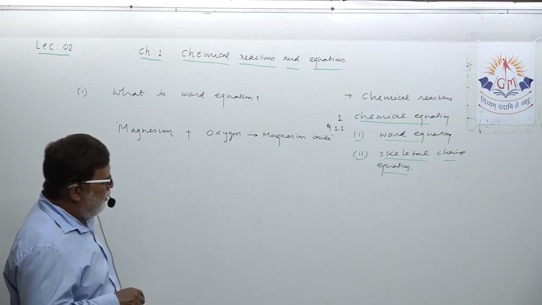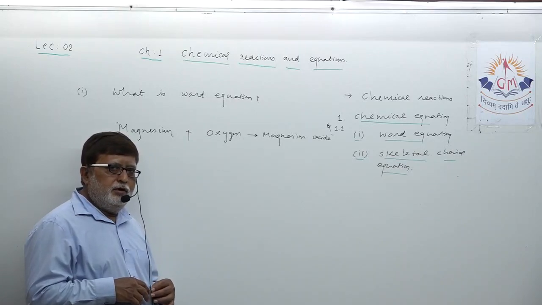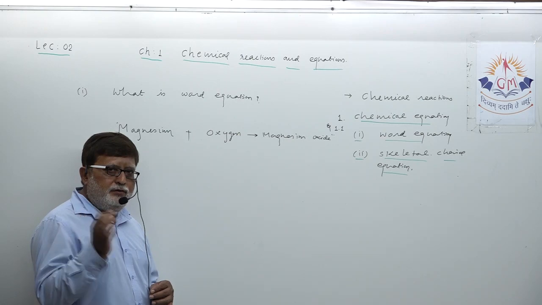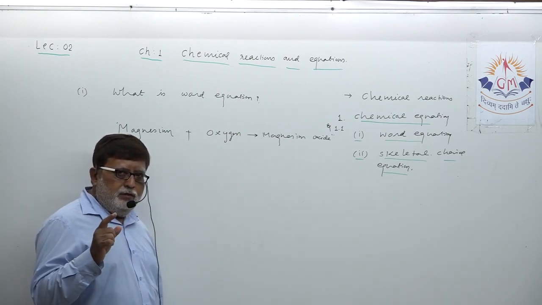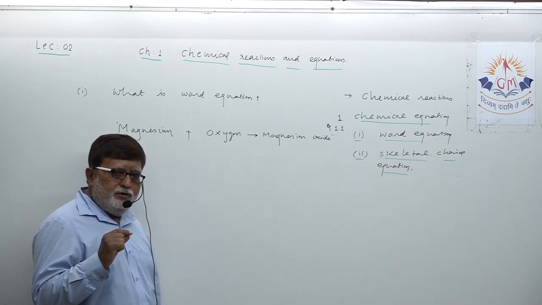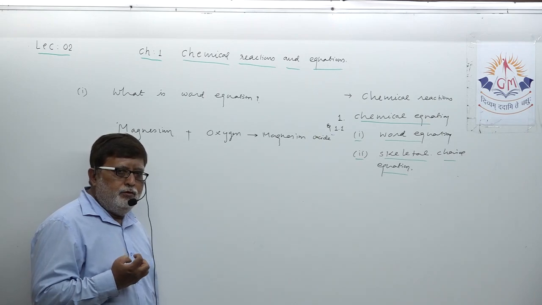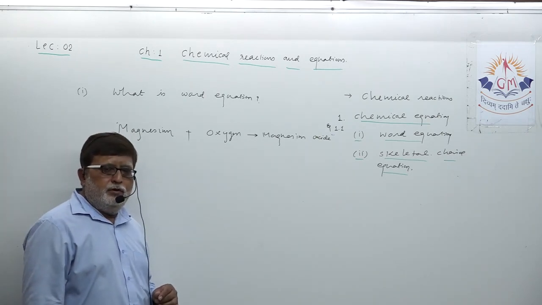Okay, dear student, remember this. In the board exam, they may ask you a question. They will give one explanatory statement and ask you to convert it into a word equation and then balance it. So that's why you should know the importance of the word equation.